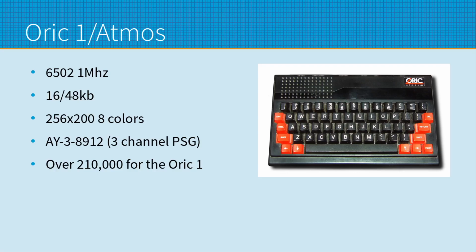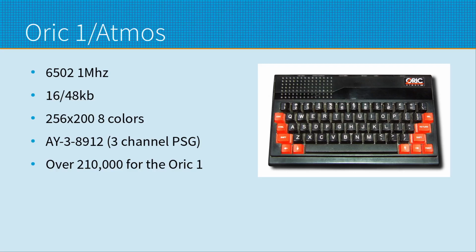And besides that, in my opinion, if you compare the Oric 1 graphics against the ZX Spectrum, there's no contest. The Oric graphics look so much better because of that. And it only takes like 8 kilobytes of video RAM space in the upper RAM portion of memory.